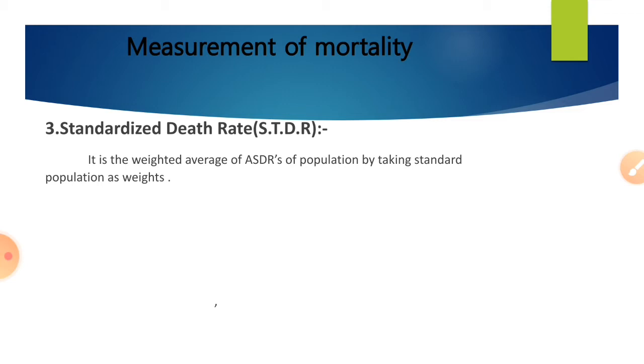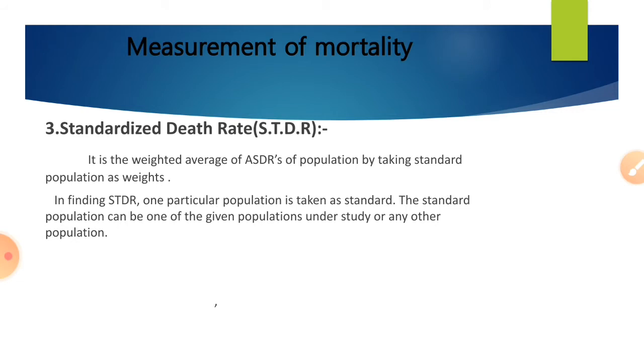So instead of taking different populations, here we are taking, let us say, 25,000 population as the standard population, and that 25,000 will be used to compare the standardized death rate between two populations. And the next is, when you are solving an example of STDR, one particular population is taken as standard. The standard population can be one of the given populations under study or any other population.